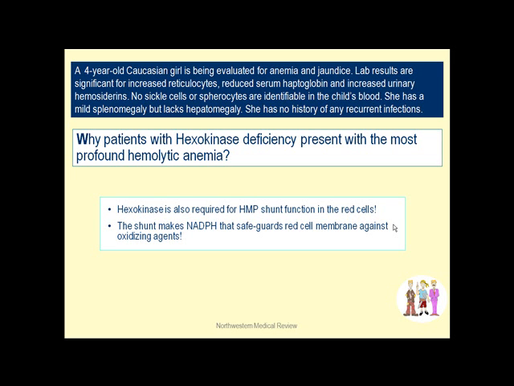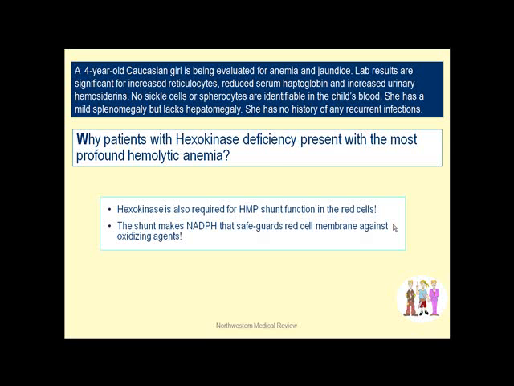So red cells in hexokinase deficiency have 2 reasons to get destroyed. One is the fact that as a result of that deficiency, the red cells cannot utilize glucose to make ATP. Therefore, they will not have a functional sodium-potassium ATPase pump.